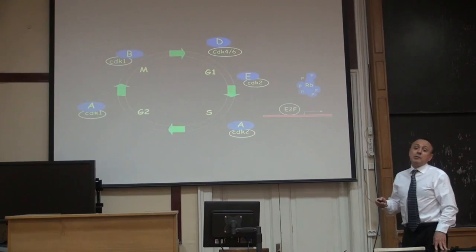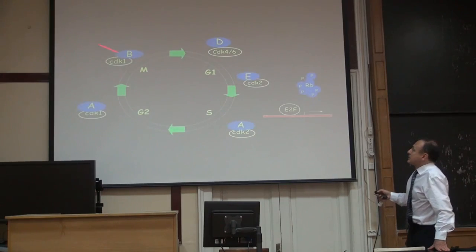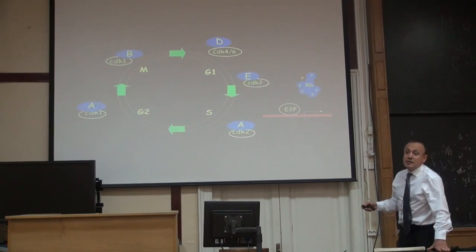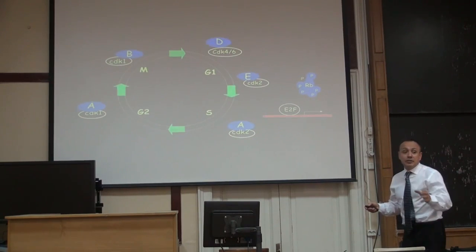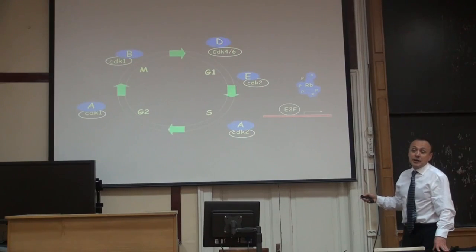So in one very simplistic view, but somehow true, cyclin D CDK4 controls the activity of cyclin E, and cyclin E is the major kinase that drives cell cycle progression. The function of cyclin D CDK4 and CDK6 is to activate this kinase.